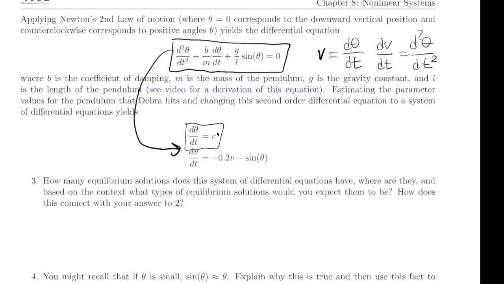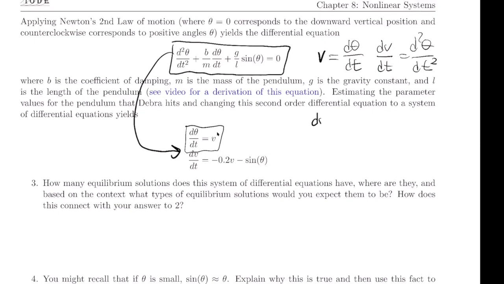So then we could take this term over here, the second derivative of theta, and replace it with dv dt. We could take d theta dt and replace that with the fact that that is just v.